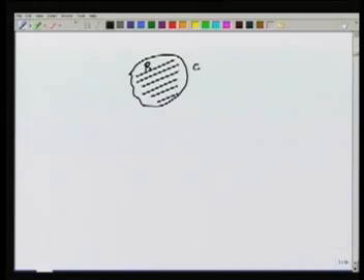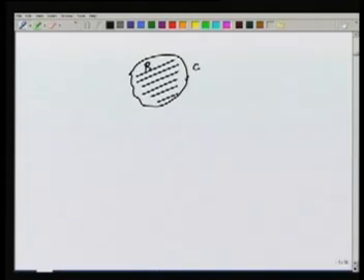I am always going to work with a direction of C in such a fashion that the region in question is always on the left hand side of the curve. That means, suppose I am standing on the curve C at this point, and I give this direction. That means I am walking along the curve in the given direction. If I do that, then you can see that the region which I am bothered about, that is R, is actually on the left hand side of myself.